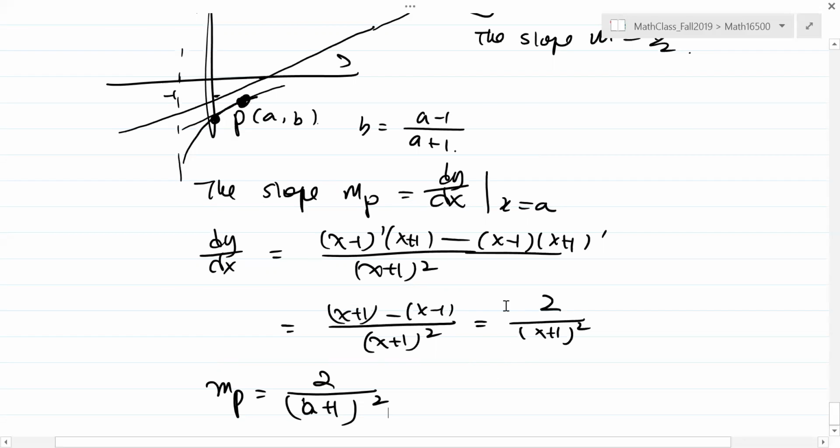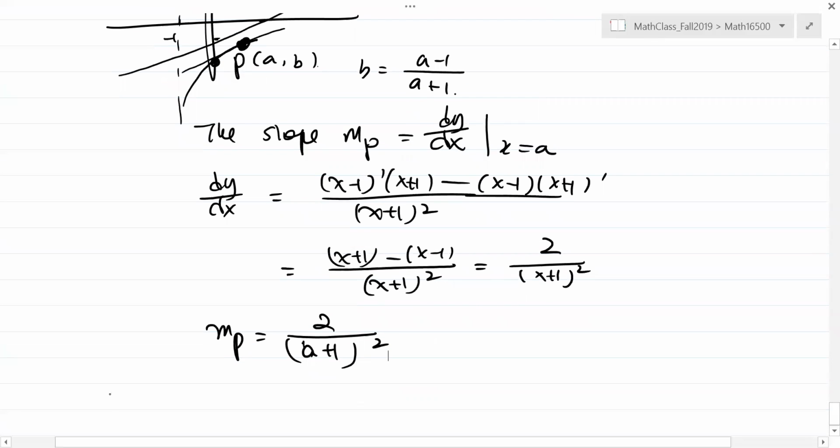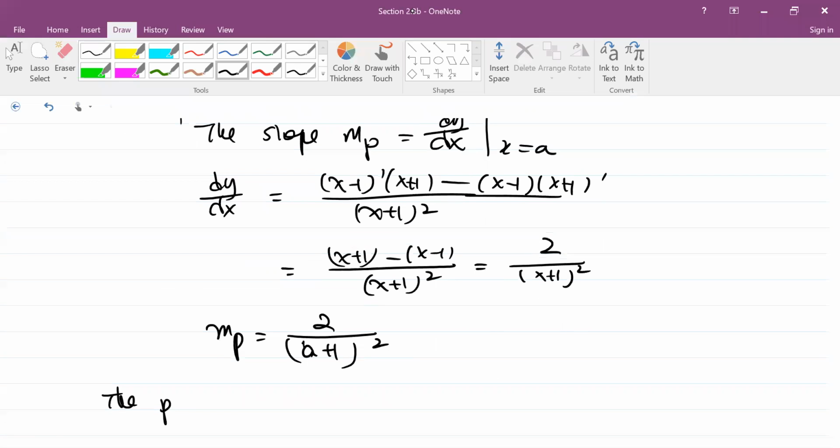But the tangent line is parallel to the given line if and only if the slope equals 1/2.